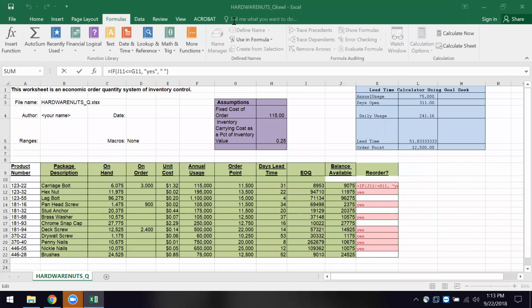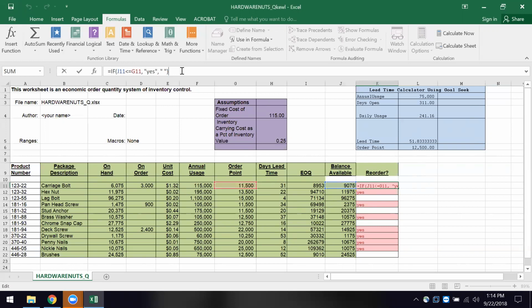Okay, I'm going to resume the sharing. And what we've got here is a formula. And I'm going to put my cursor and click inside the formula bar. And you'll see it's a conditional statement. And it says equal IF J11, and J11 is the balance available, okay, is less than G11, which is the order point, then we will get the text message YES.